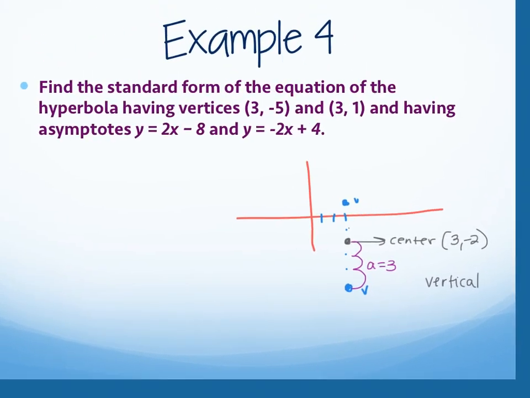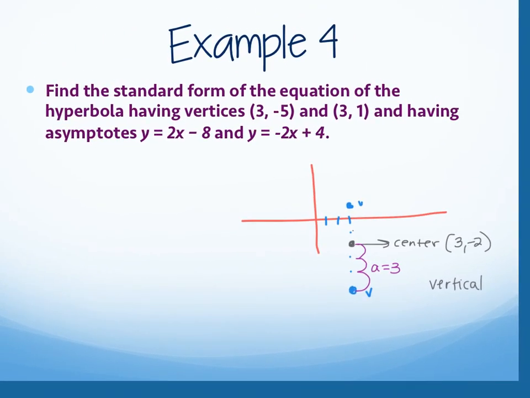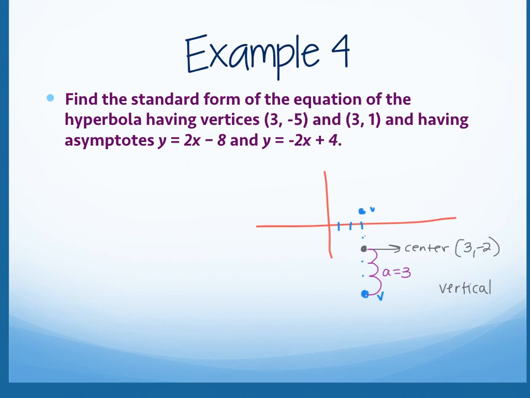So I can already build the top part of my equation because it's vertical, so the y comes first. y minus k, which is -2, becomes y plus 2 squared, minus x minus h, x minus 3 squared. And I know they're going to be over something, and I know it's going to be equal to 1. So you've already built half of your equation.